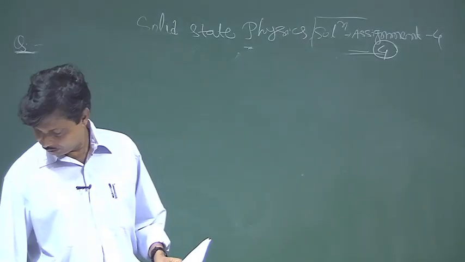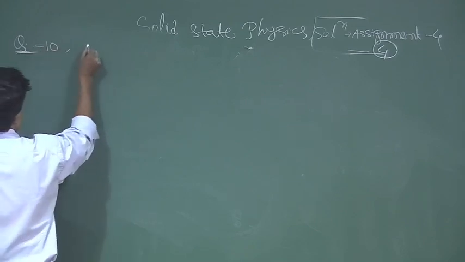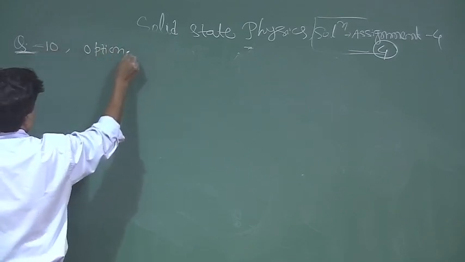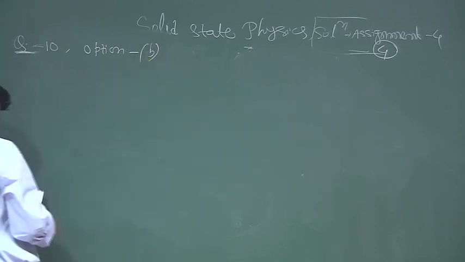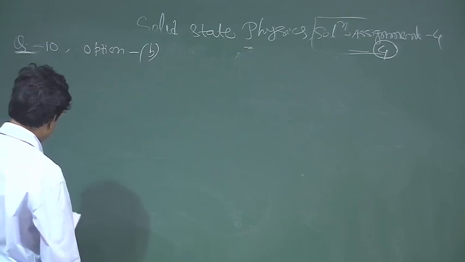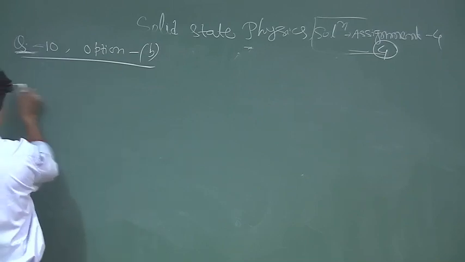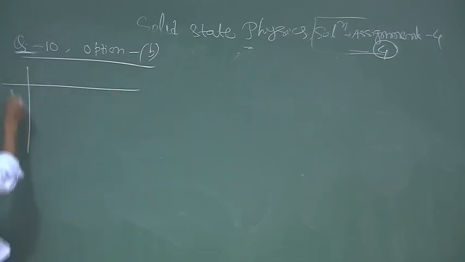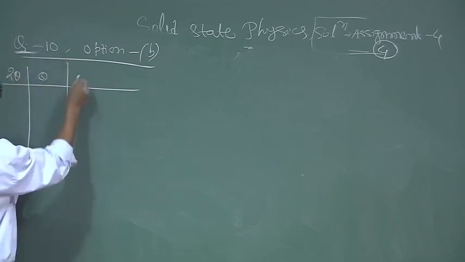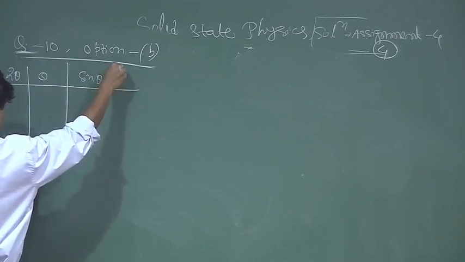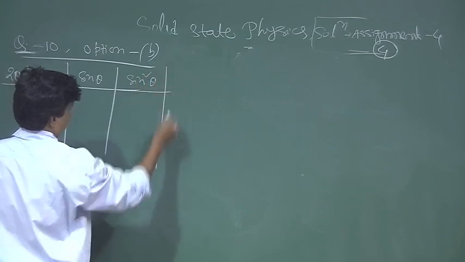First, as usual, we will write the question number 10 and its correct option. The solution will be option B. First, let us make a table for theta, sin theta, etc. So, 2 theta, theta, then the value of sin theta, then the value of sin square theta, and their ratio.